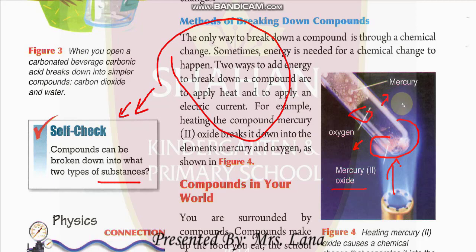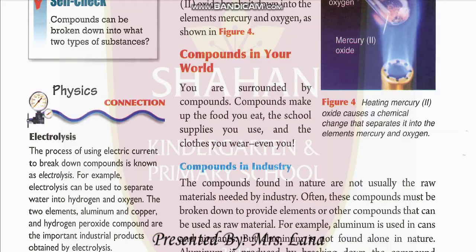It means two types of elements. As I said, heating mercury oxide causes a chemical change that separates it into the elements mercury and oxygen.